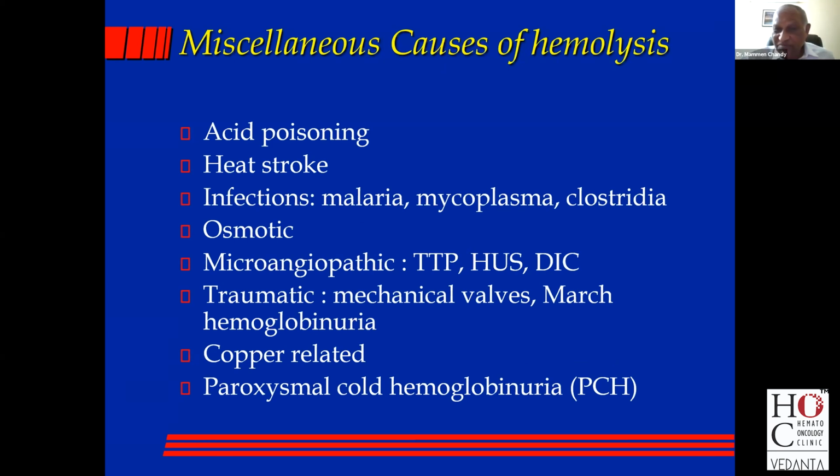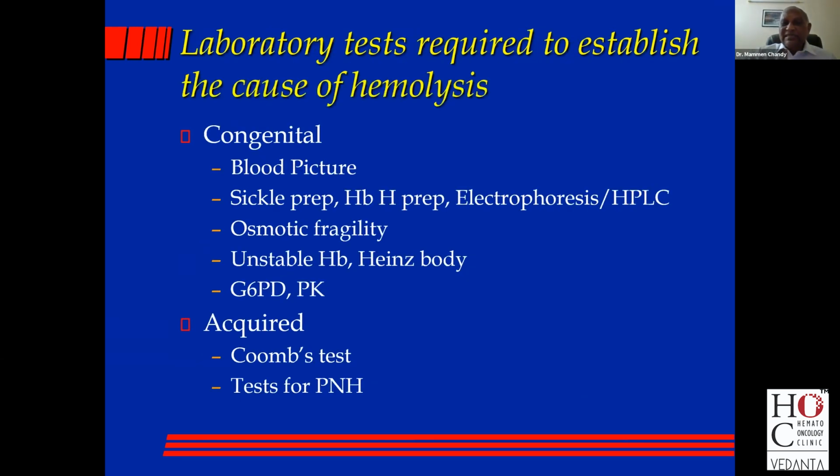Traumatic, where you have a valve. Copper sulfate poisoning, common agricultural poisoning, and rarely a disease which we don't see nowadays because there's no syphilis is paroxysmal cold hemoglobinuria, right?